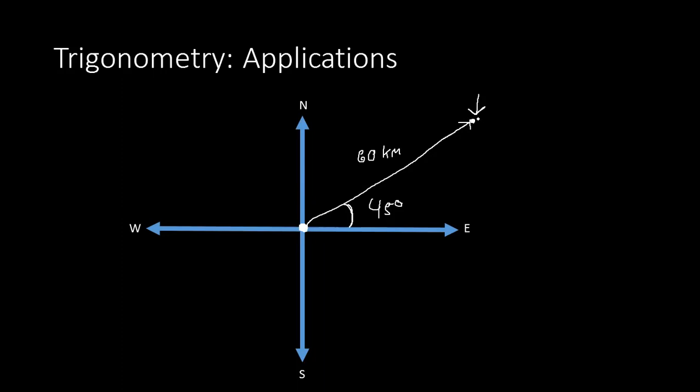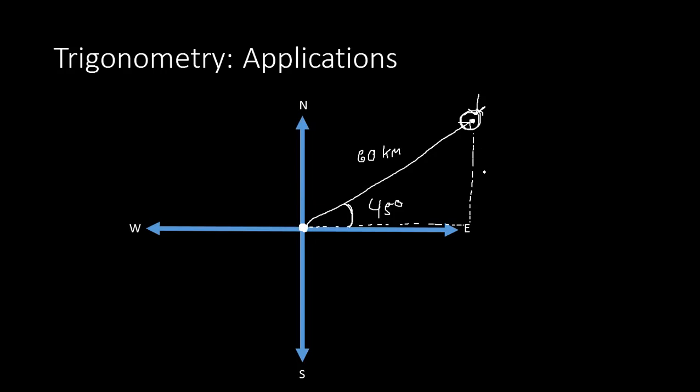Now, let's ask this to ourselves. How far are we at that point in horizontal components? Horizontally speaking, how far are we at that point? And how about the distance between this point and this point in a vertical way?